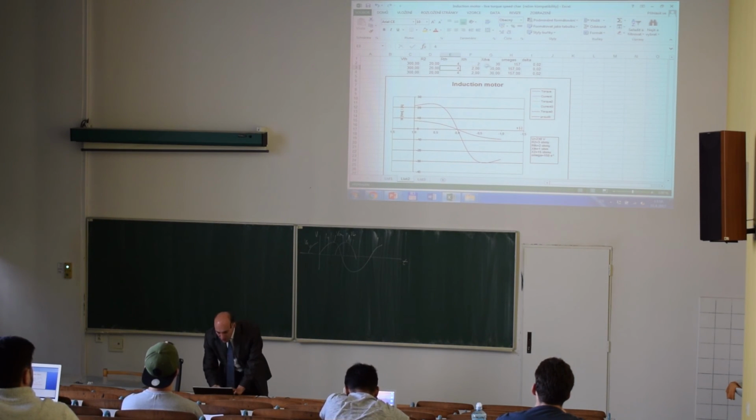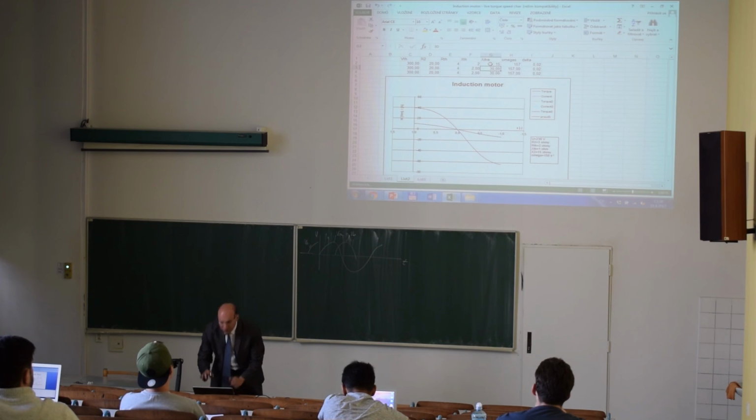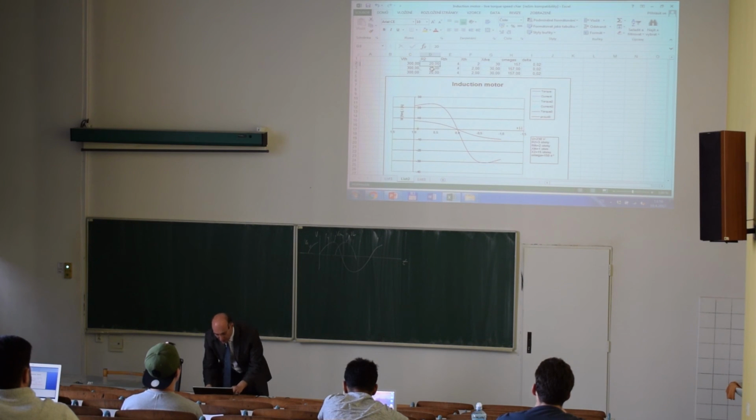The other parameters, like the inductance of the rotor winding, have an effect as well, but there's no easy way to change the inductance in the real motor. So the only way how we can control the motor is to have different rotor windings, for example.